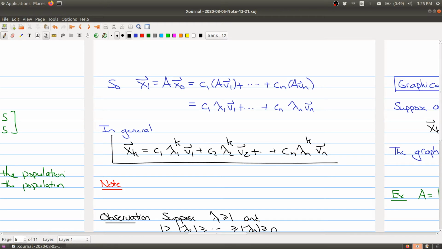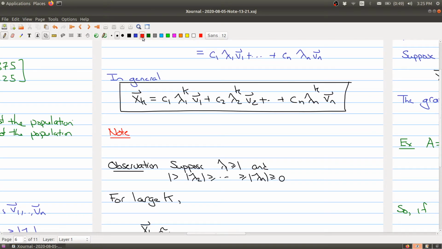So you get a nice formula for the kth term in this sequence by rewriting everything in terms of eigenvalues and eigenvectors. My point here is that the eigenvectors and eigenvalues determine the vector x_k. And of course, the other piece of information is c1, c2 up to cn, which comes from the initial vector that you're starting with.